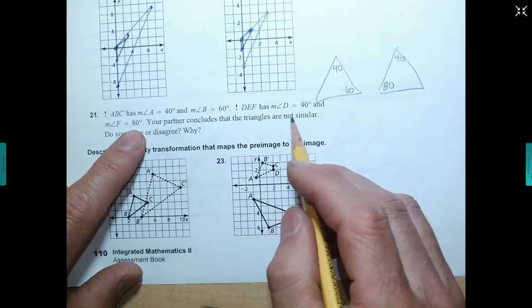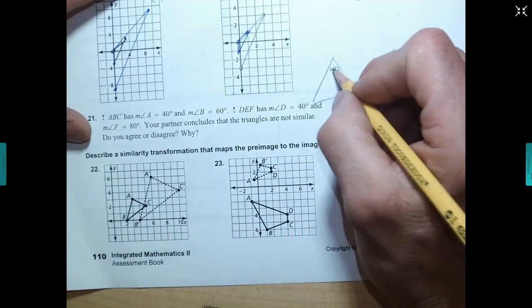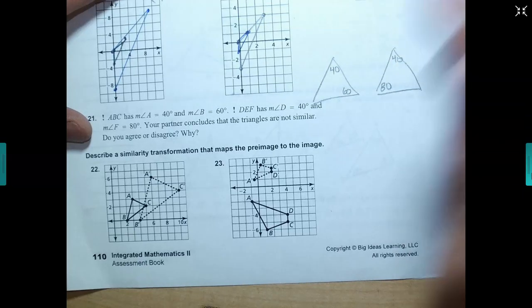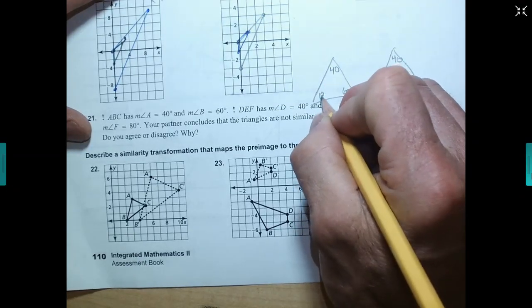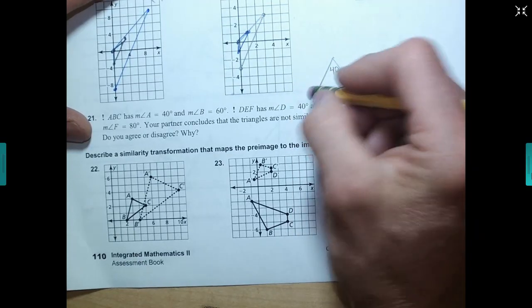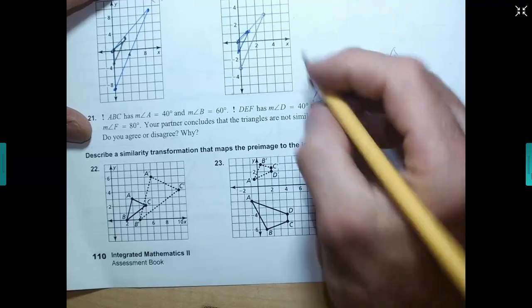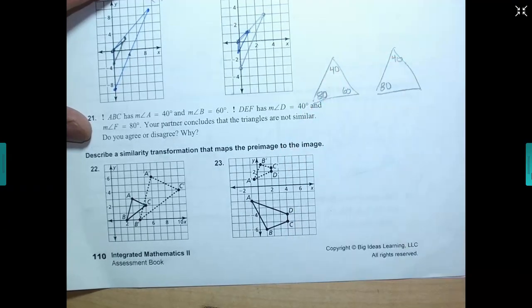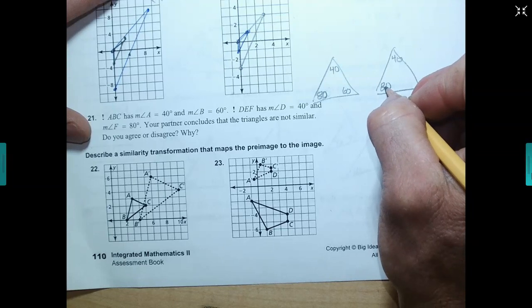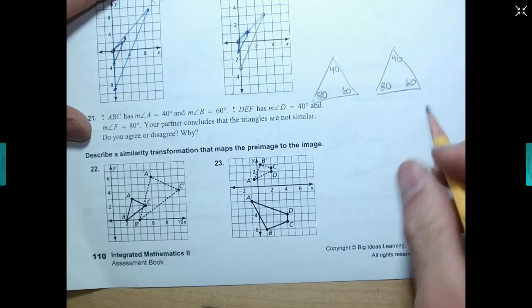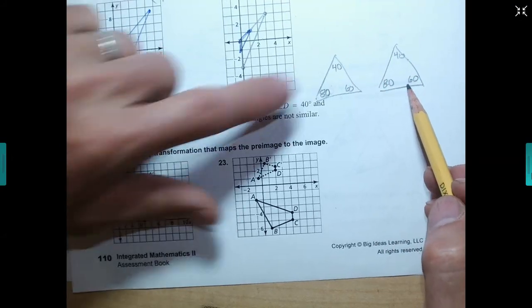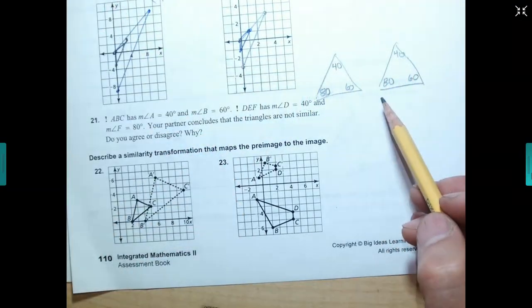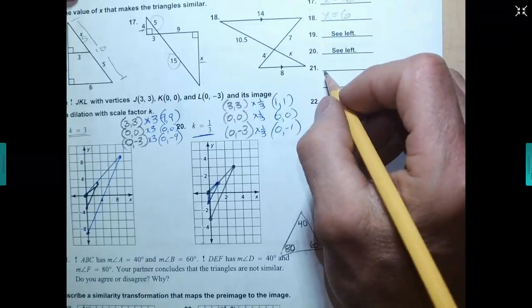So someone says they're not similar. What do you say? Well, 40 and 60, that's 100. 180 minus 100 is 80. You see we got 40 and 80, so that's 120. 180 minus 120 is 60. Look at that, 40, 60, 80. So those are in fact similar.